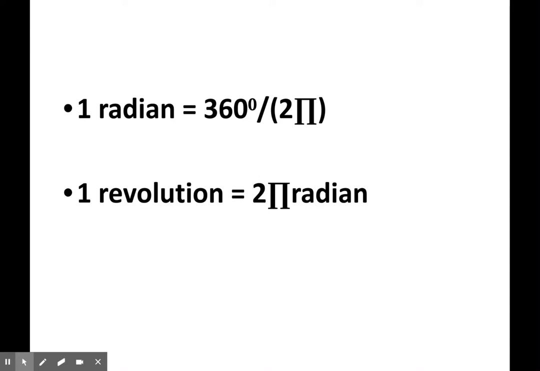Now, again, if you've been in trig, this might be something that's familiar. So 1 radian is equal to 360 degrees over 2 pi, or you could say 180 over pi. 1 revolution is equal to 2 pi radians. And you will need to convert between all three of these different values.